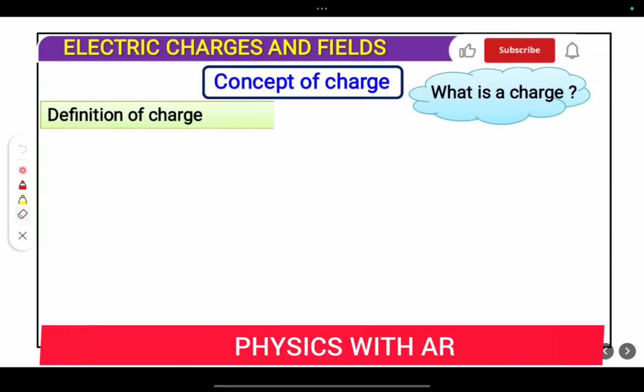Regarding this concept of charge, how can we define charge?